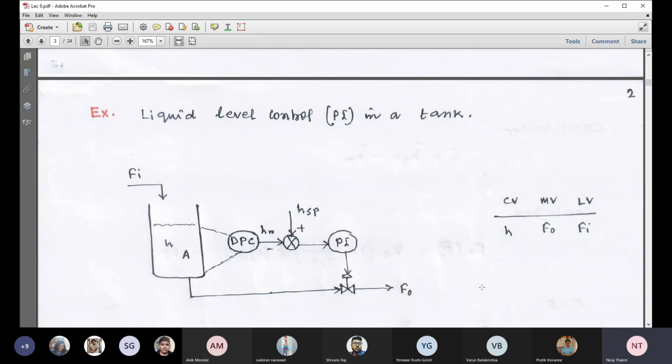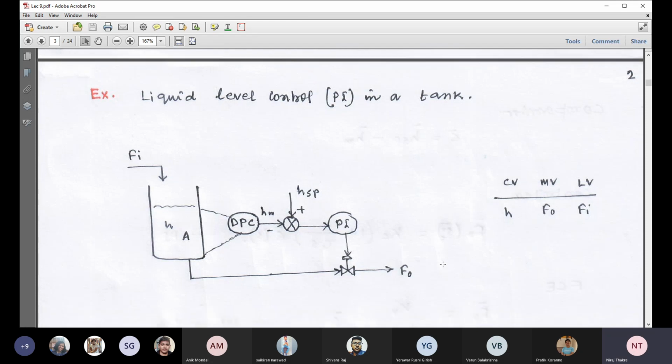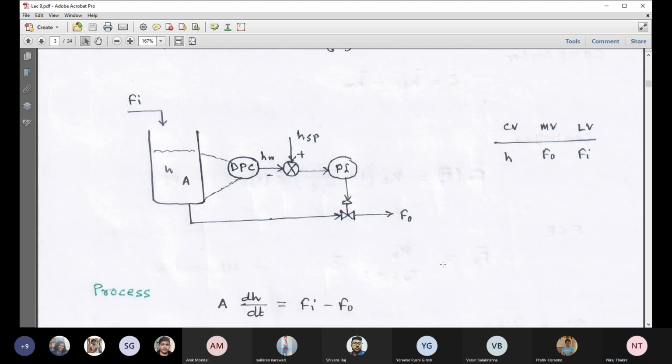Now in this example system, we will discuss how we can get these individual 5 transfer functions. So let us start from the process first.